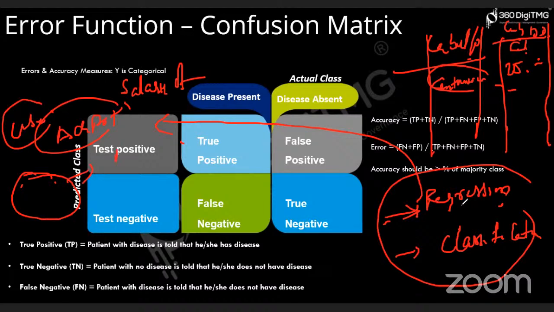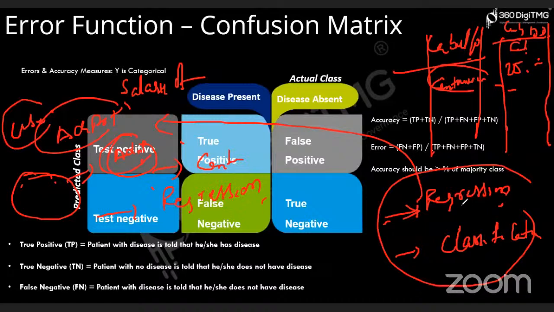We will learn that use case. In that case, the output, the adipose tissue, will be continuous, so you have to go for regression.